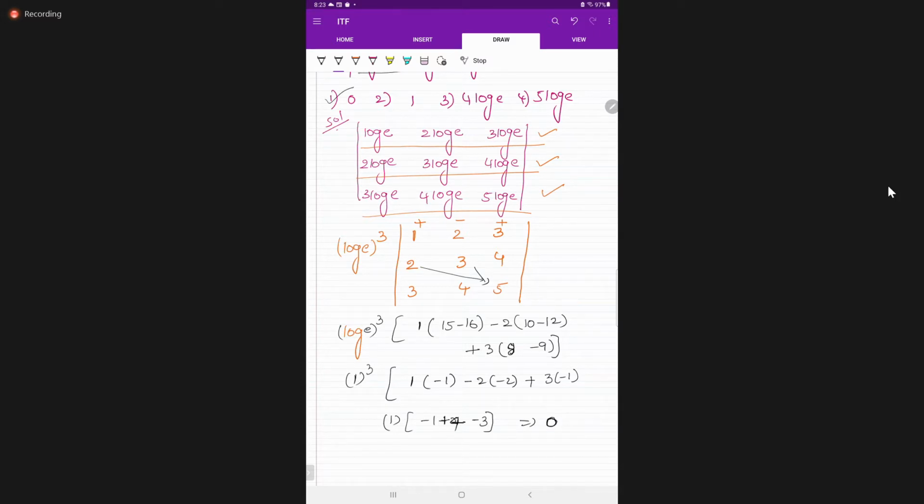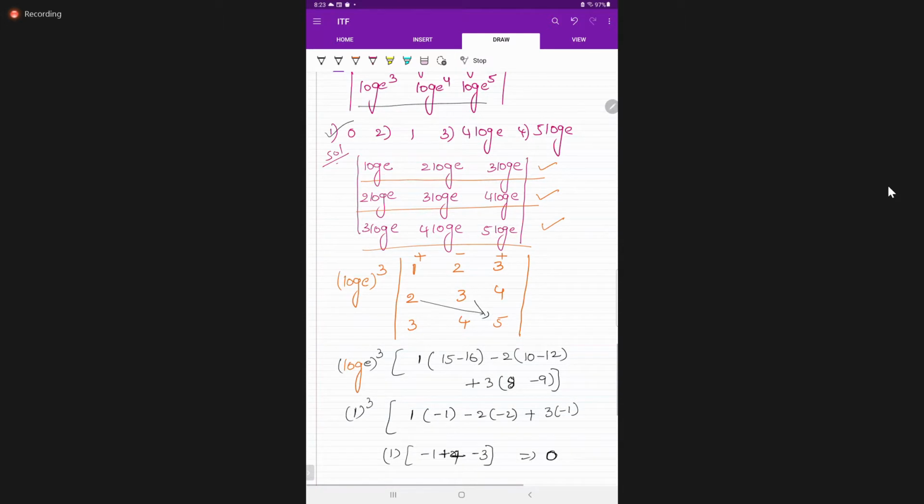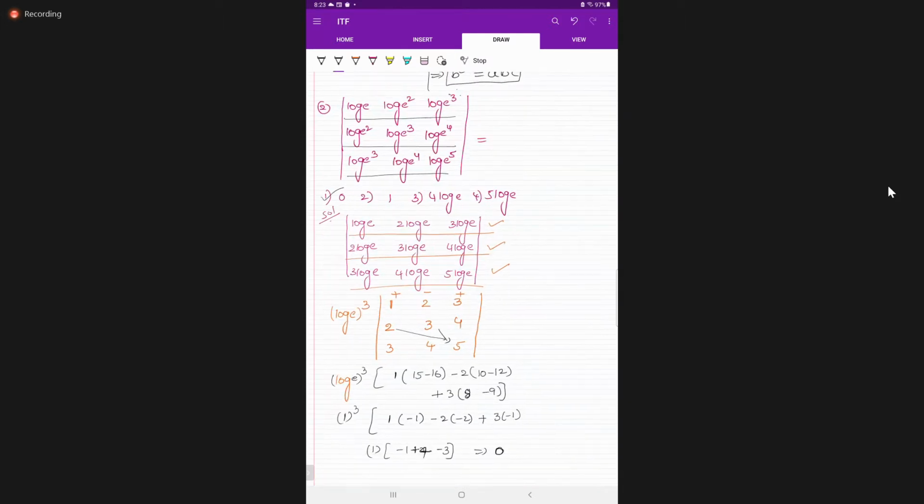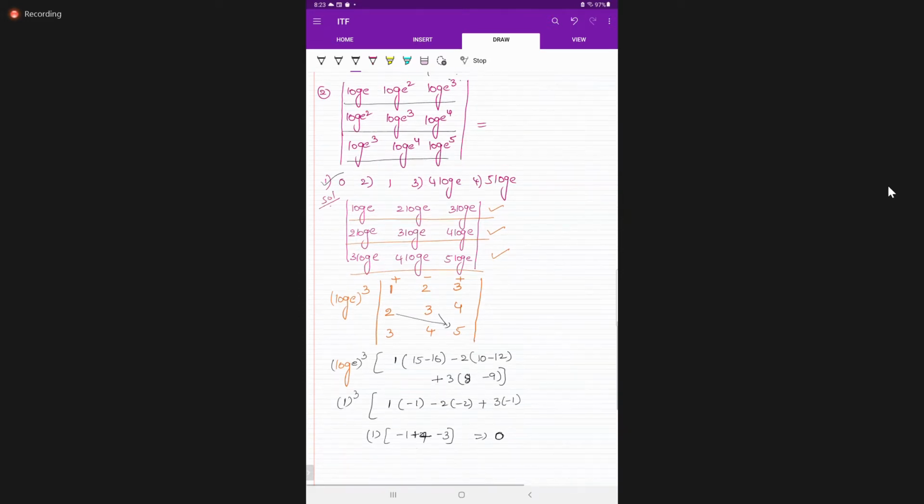This first option. Is it clear, all of you? Students, clear? Yes, ma'am. Understood, all of you? Please respond. Yes, ma'am. Completed?